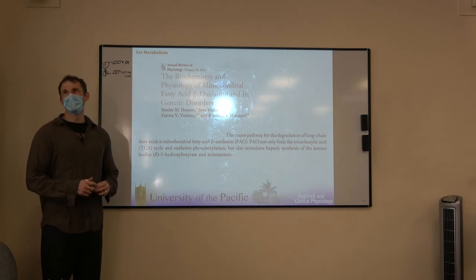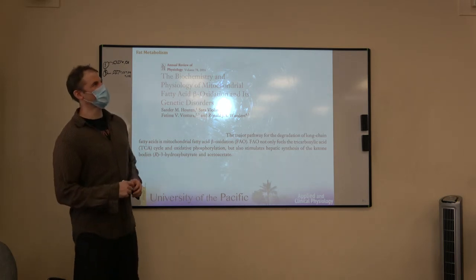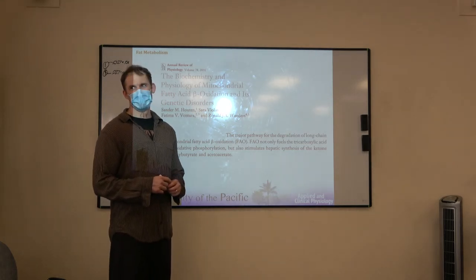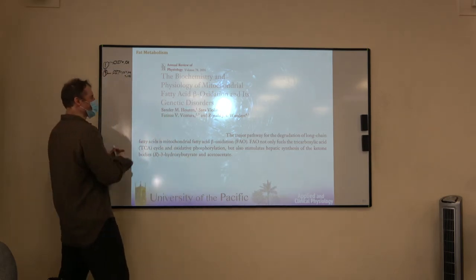If you have a 16 carbon, how many do you get? 8. If you have a 17 carbon fatty acid, how many do you get? It's actually lower. The last one, you get 5.